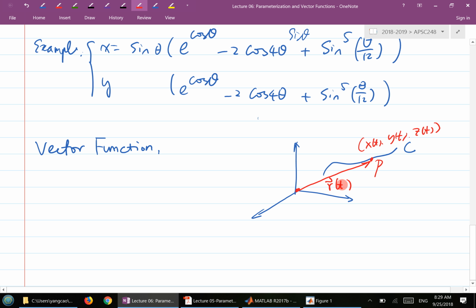So this r of t, which is a position vector, is what we're talking about: the vector function. It's a vector, and it's also a function of t. So there's nothing new here, right? This r of t is called a vector function.